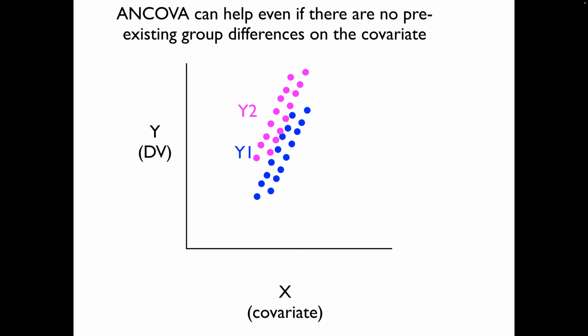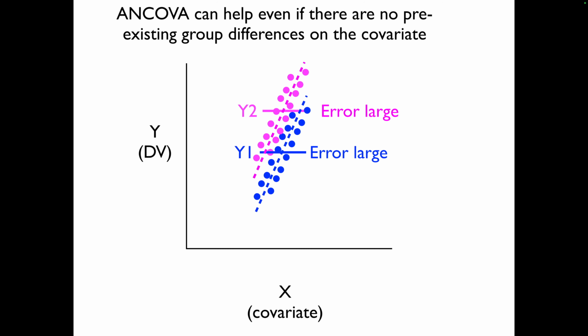on the covariate. So here's a situation where we have the dependent variable y and the covariate x, and we have two groups, y1 and y2, and y2 is greater than y1 on average on the dependent variable. So we've got relatively large error terms. Remember, the error terms are the vertical difference between each data point and the group mean.